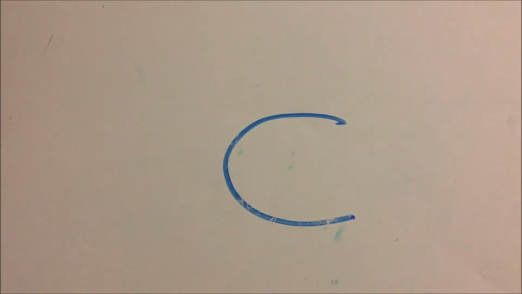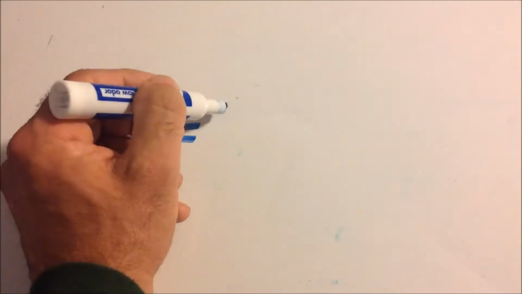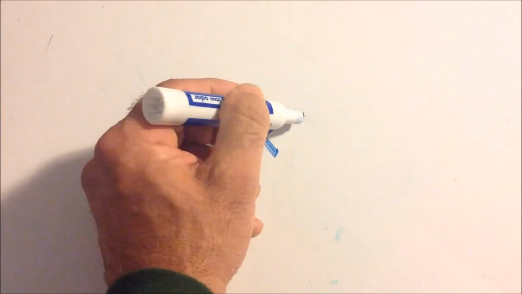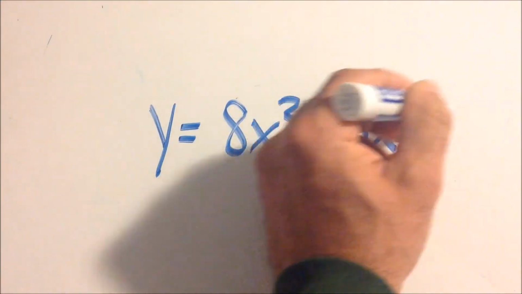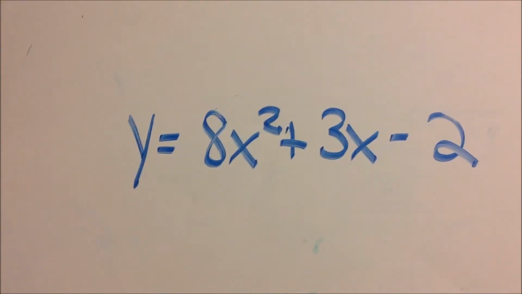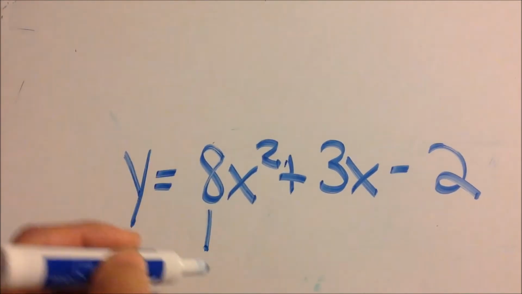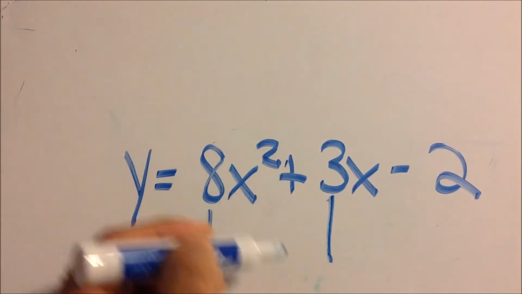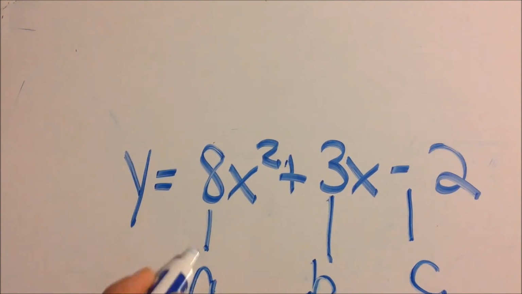If I gave you y equals 8x squared plus 3x minus 2, here we have the 8 as the a, the 3 as the b, and the negative 2 as the c.